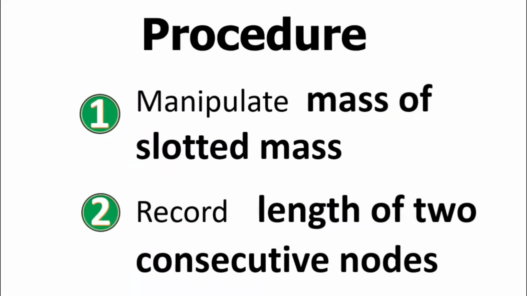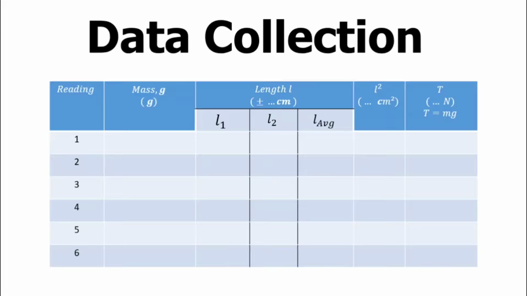In the experiment, you are going to manipulate the mass of the slotted mass and then record the length of 2 consecutive nodes. You can refer to the manual. Finally, before going to the apparatus and setup video, we are going to present you with the table for data collection.